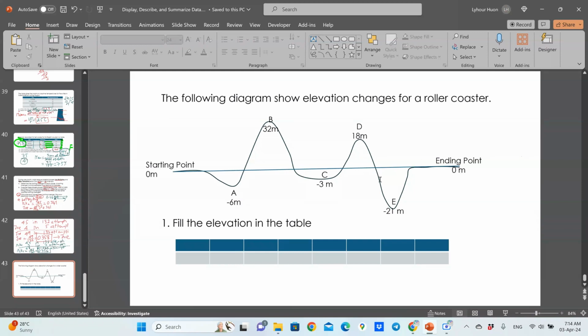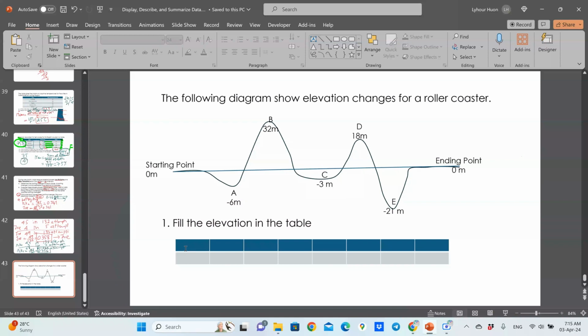The ending point is at the surface of the ground, which is 0 meters again. So they ask us to fill in the elevations inside the table. How do we categorize the table? What should we have?